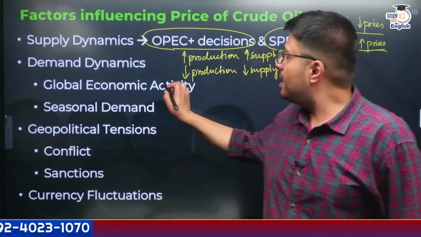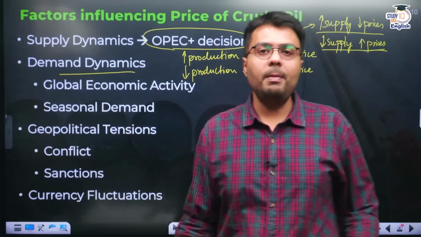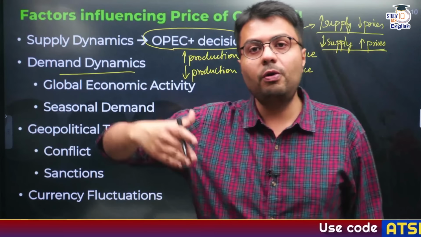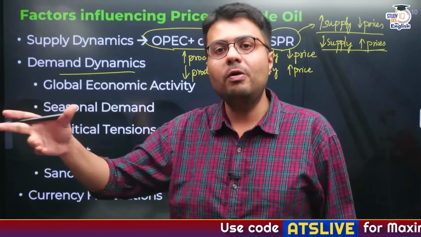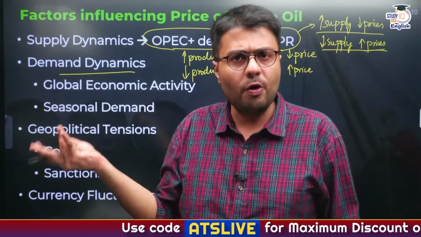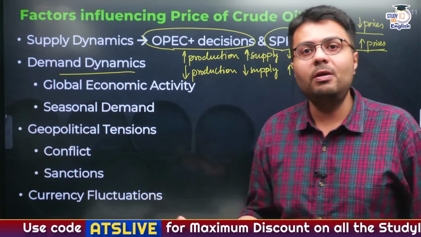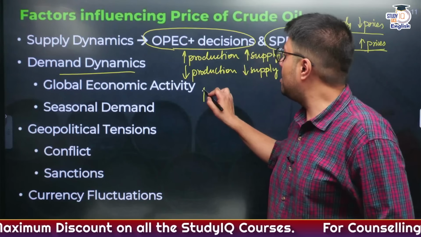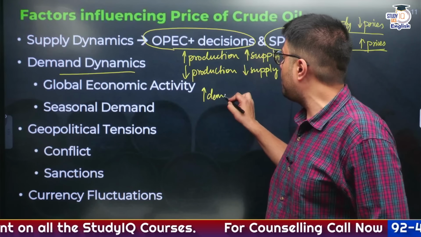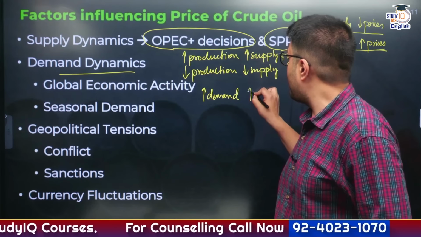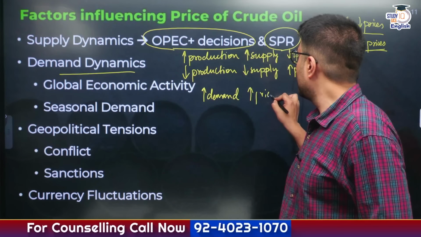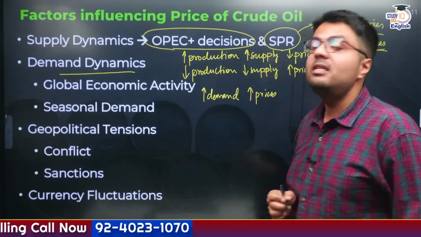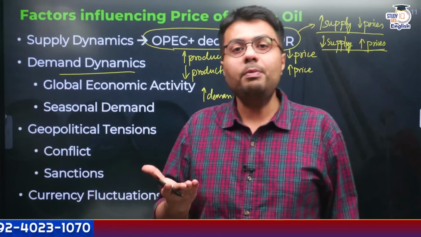So this is how major decisions on production and major decisions on storage determine the prices of crude oil. Similarly, the demand factor also plays a very important role. Suppose there is global growth in major economies like India, China, the US and Europe, there would be an increased demand for crude oil and petroleum products. This increased demand would create an upward pressure on prices. Similarly, there are many seasonal factors that determine the prices of crude oil.